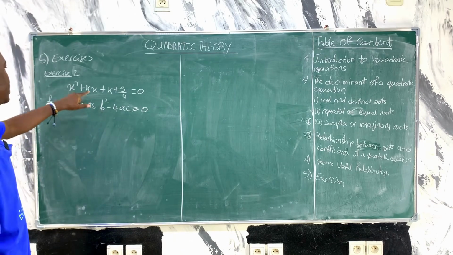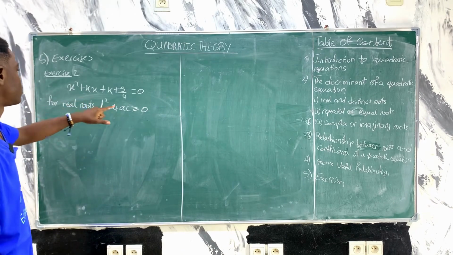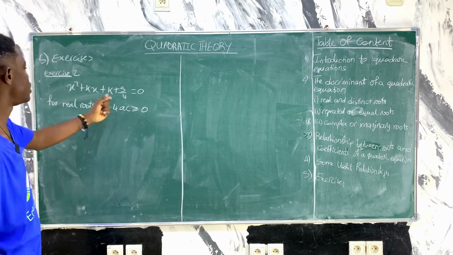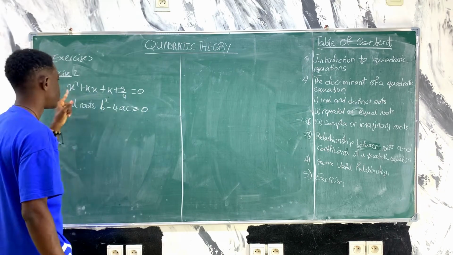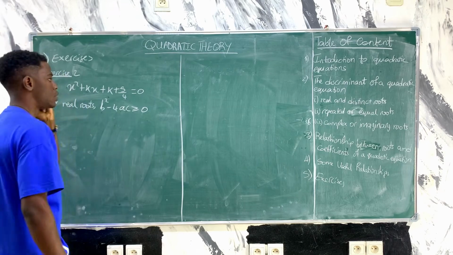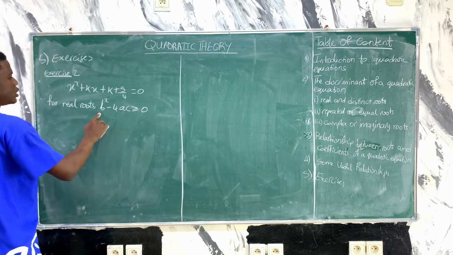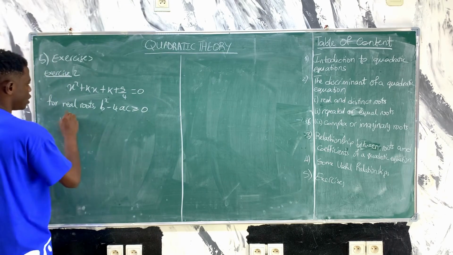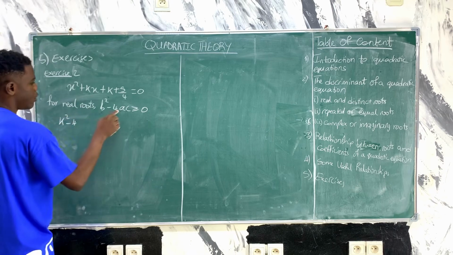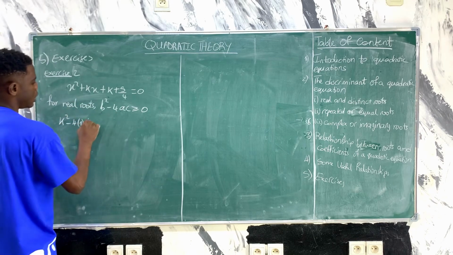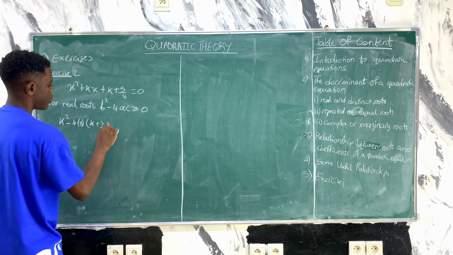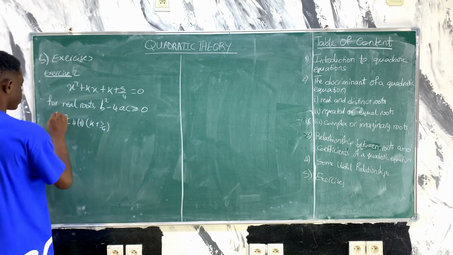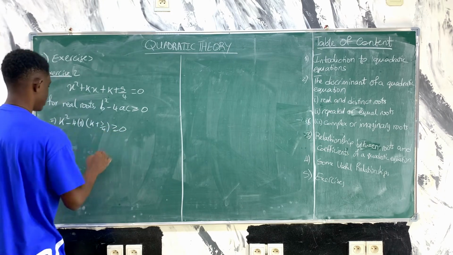In this case, what is b? b is the coefficient of x, which is k. a is 1, and c is everything that does not contain x or x squared. So b squared minus 4ac is k squared minus 4 times 1 times (k plus 5 over 4), greater than or equal to 0.